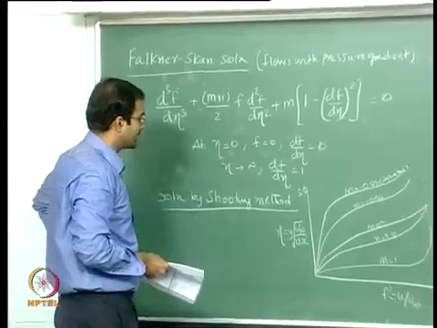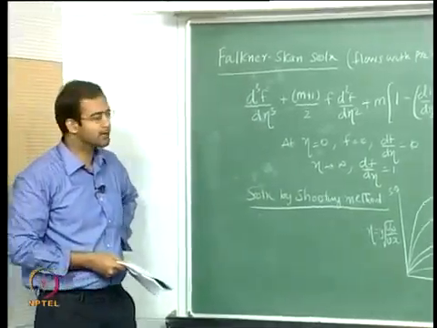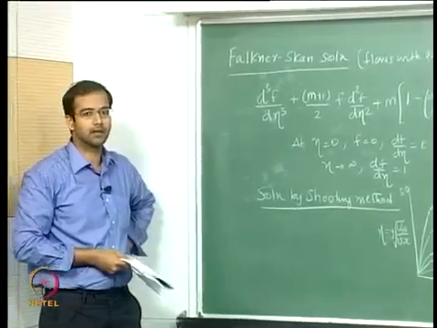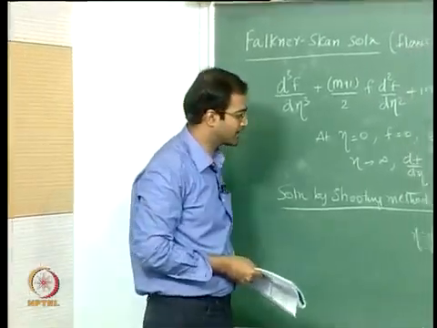And once again you have to use the shooting method to solve the ODE numerically. I have also given you the 3 first order ODEs to which it can be reduced, and the same boundary conditions like that of the Blasius equation.